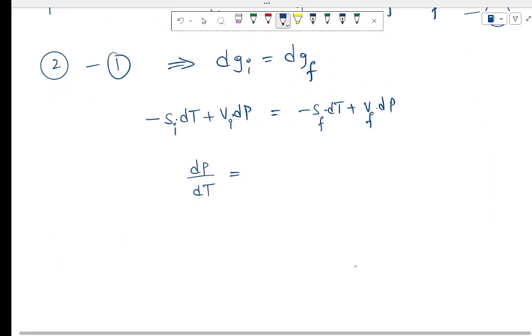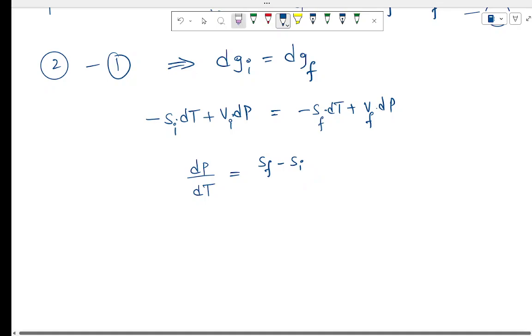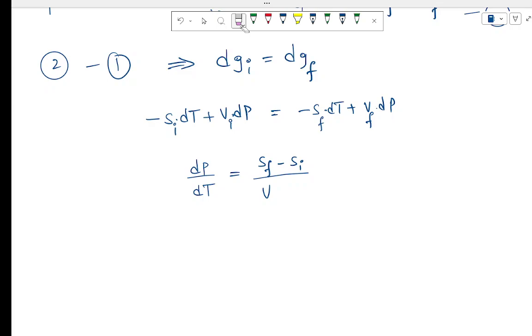So the dP by dT will now be equal to sf minus si by, sorry, it's not s, it's v. Vf minus vi will get.